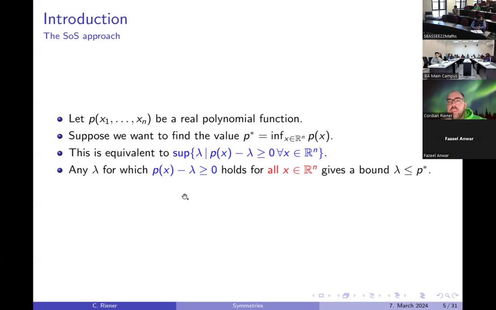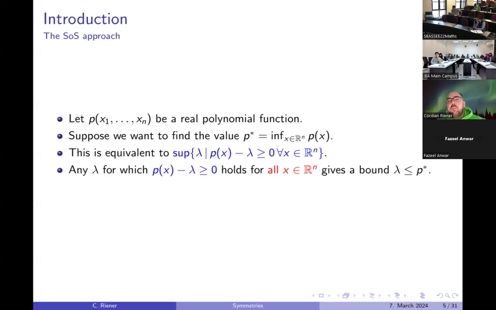But the important thing is whenever I have a lambda that satisfies this inequality, p of x minus lambda, that needs to hold for all x. If for some reason I have such a lambda, I have already a bound for my infimum value. So just having one lambda, even if I have not found the best lambda, is actually very good.